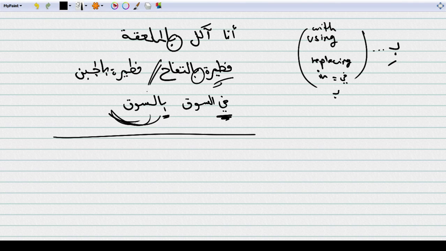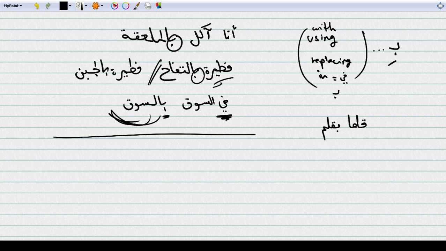Okay, another thing is the meaning of replacing. Let's say I replaced a pen with a pen. Arabs would say قلما بقلم. A pen for a pen.